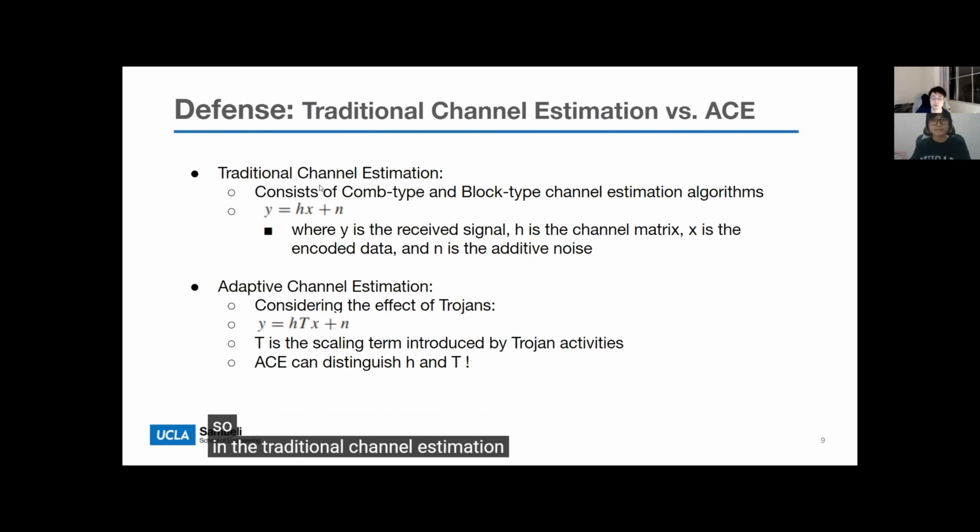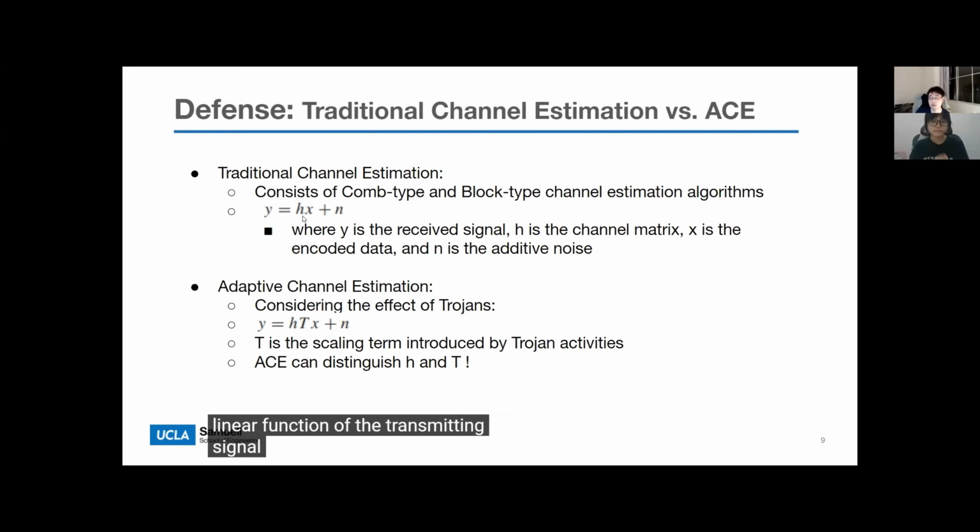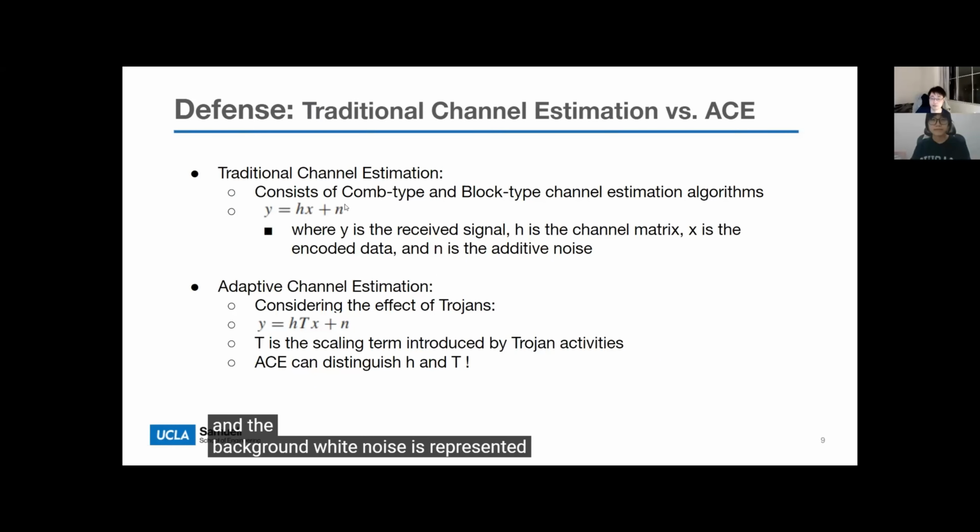In the traditional channel estimation, it assumes that the received signal is a linear function of the transmitted signal, and they are related by this channel matrix H, and the background white noise is represented here as N. However, with the existence of Trojan hardware activities, this encoded data X is also scaled by this coefficient T, and this T represents the Trojan activities.